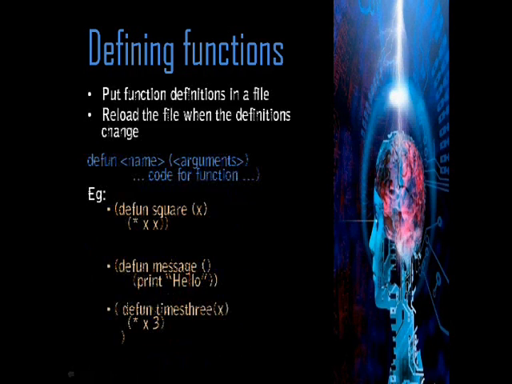Defining functions. This is a feature of Lisp programming that allows functions to be defined by the user, where the defun keyword can be used to define new functions. As shown in the examples below, the defun square x function calculates the square of the value x.